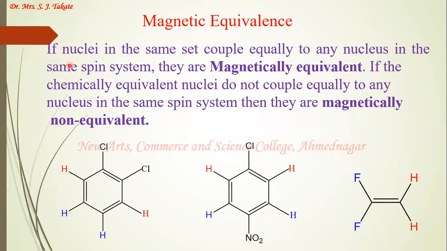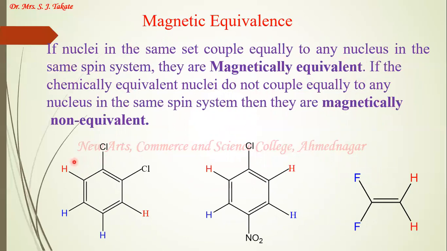Now let us consider magnetic equivalence. If the nuclei in the same set couple equally to any nucleus in the same spin system, they are magnetically equivalent. If the chemically equivalent nuclei do not couple equally to any nucleus in the same spin system, then they are magnetically non-equivalent.